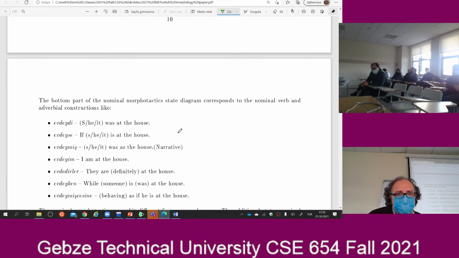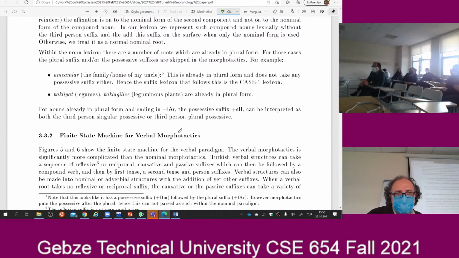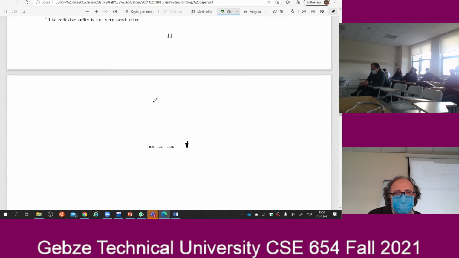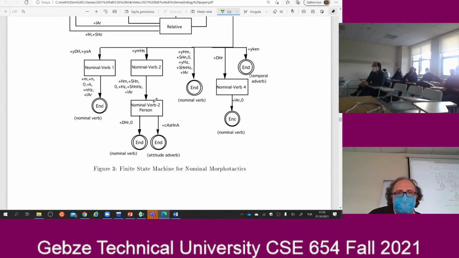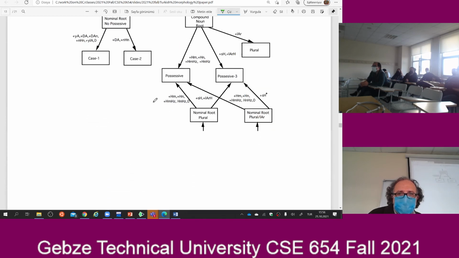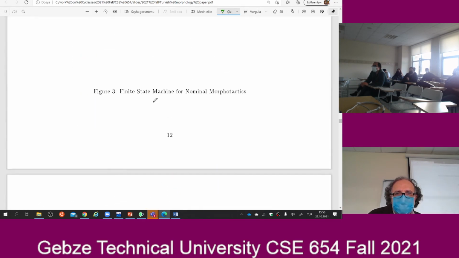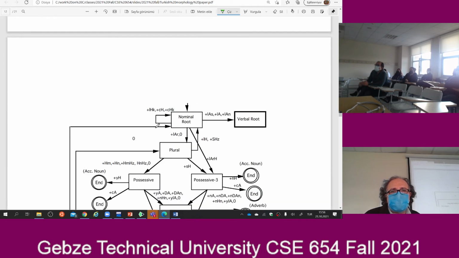Nominal means that it is a root form. Let me show you the finite state machine for the verbs, and here it starts. Let me show you the whole thing first. Okay, it ends, but this is for the noun and this is for the verb. Okay, so you start with a nominal root, verb root.